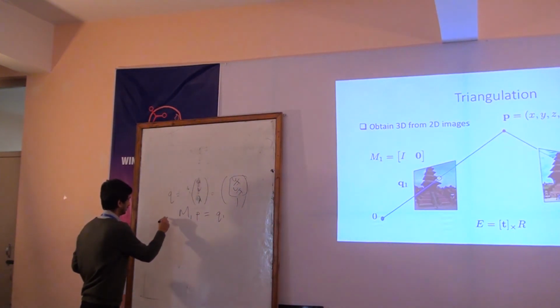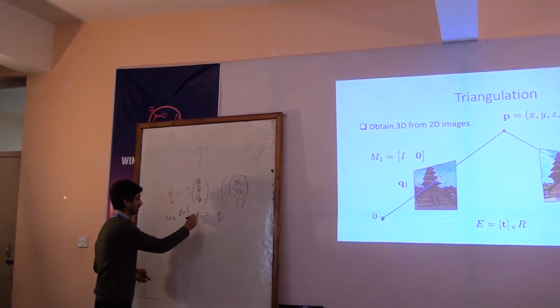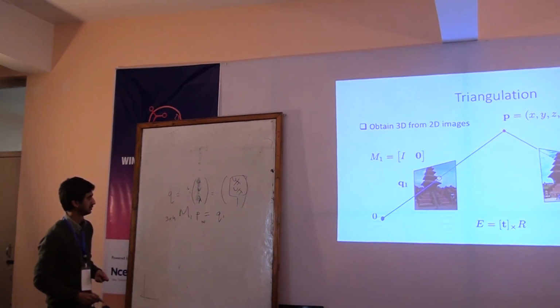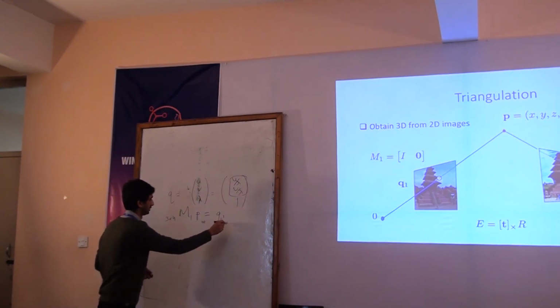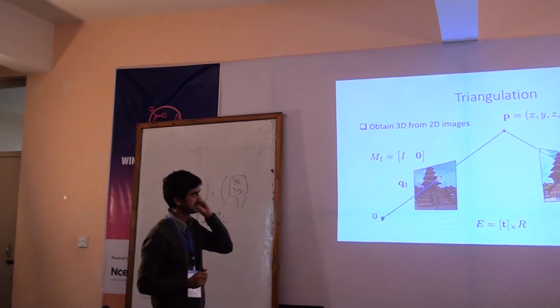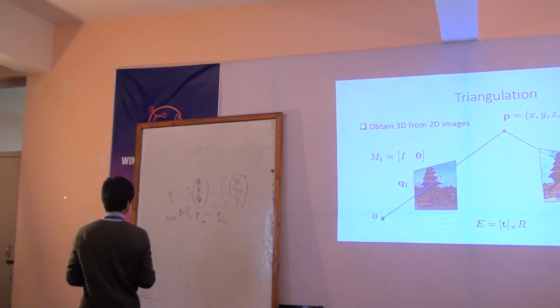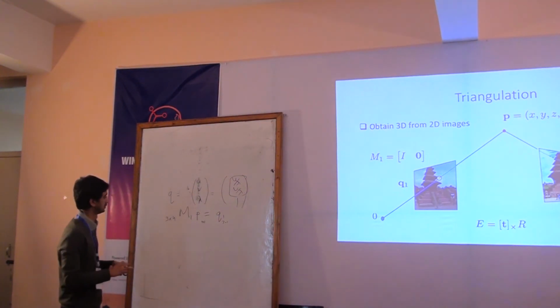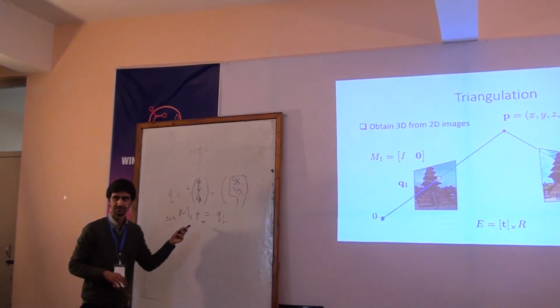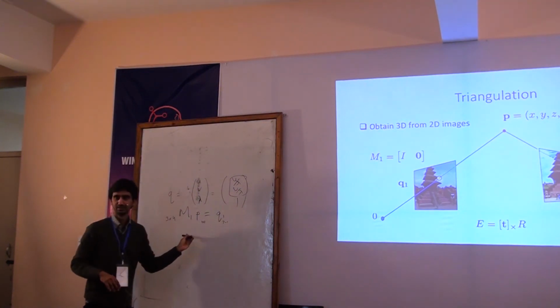M1 is a 3 by 4 matrix, P is 4 by 1, and Q is 3 by 1. Remember that we are expressing P in homogeneous coordinates, so all 4 of them are variables. So clearly, you cannot solve it.